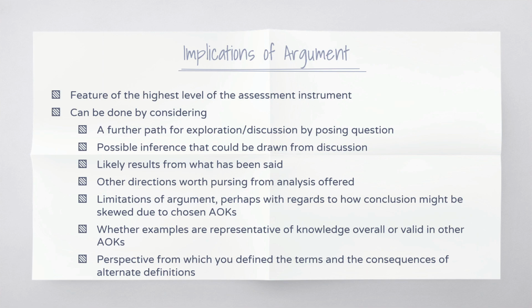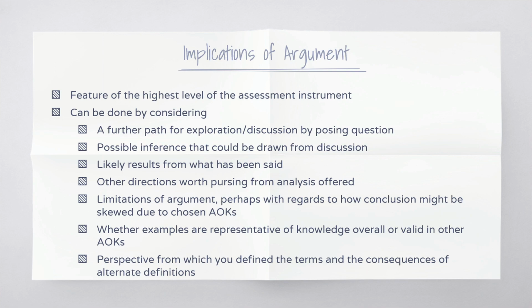Overall, what you need to be thinking about when considering the implications of the argument is really, why have you written the essay? What is the overall point of discussing knowledge and considering different aspects of your claim? Why is this a worthwhile academic discussion? You could do that in a number of ways.